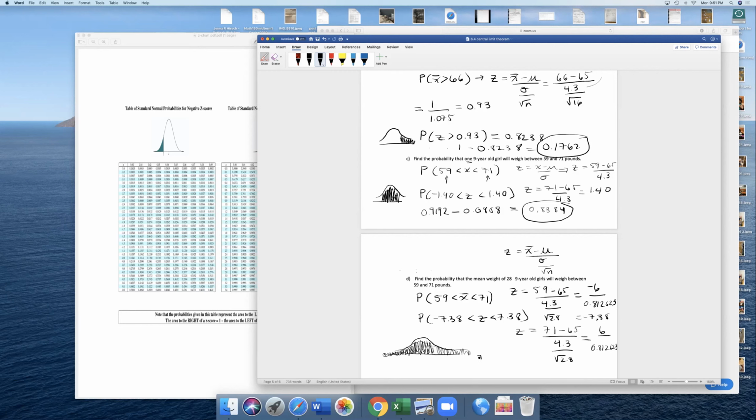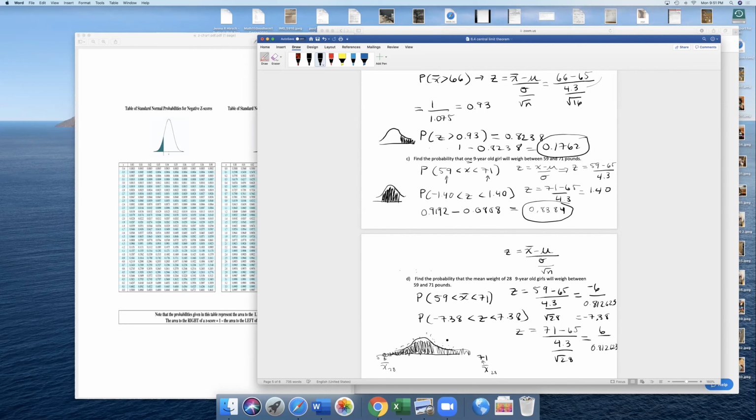This group over here had 28 of them that weighed 71 pounds, and this group over here had 28 of them that weighed 59 pounds. These guys were super, super small. These guys were super, super big. Most groups of kids, when you take their means, will lie somewhere between these two. These were two extreme values here.